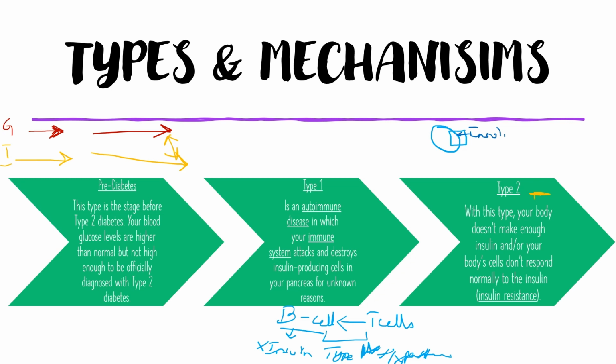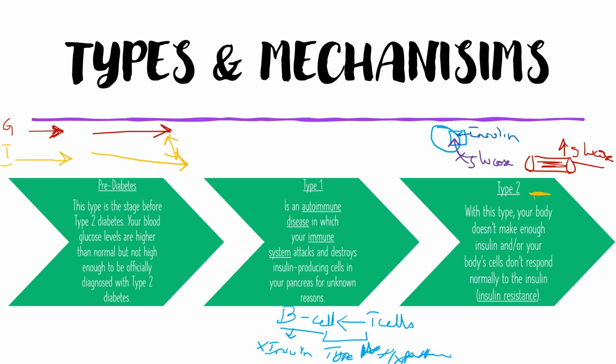But if there's no insulin, there will be no key to the door, and the glucose is unable to go inside the cell. When this happens, the glucose keeps on moving inside the bloodstream, and this raises the amount of glucose, hence diabetes.